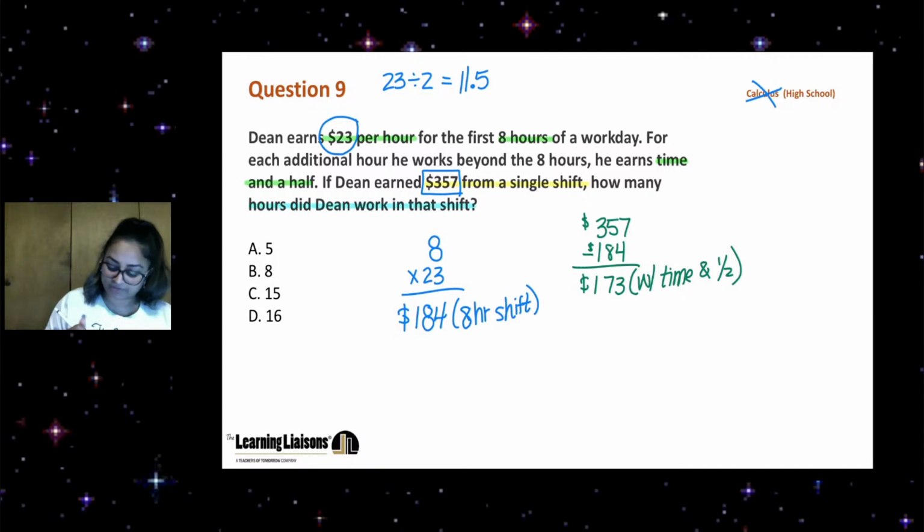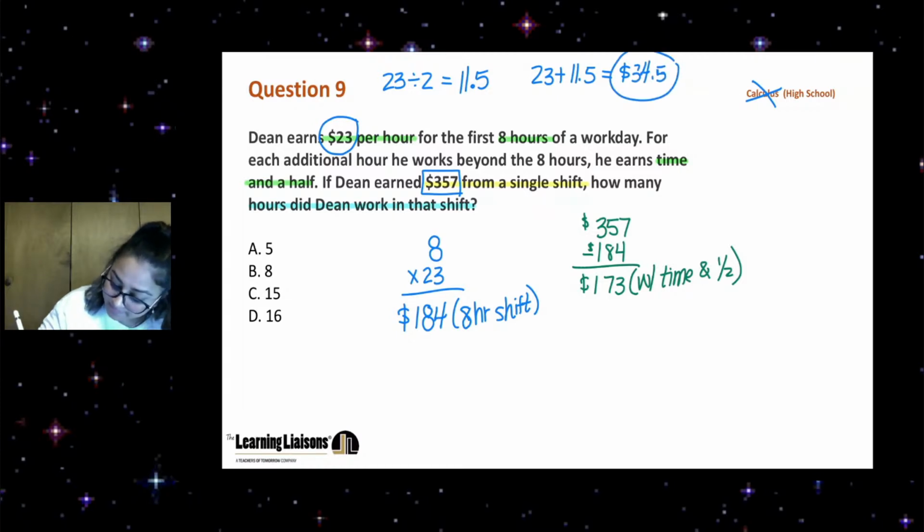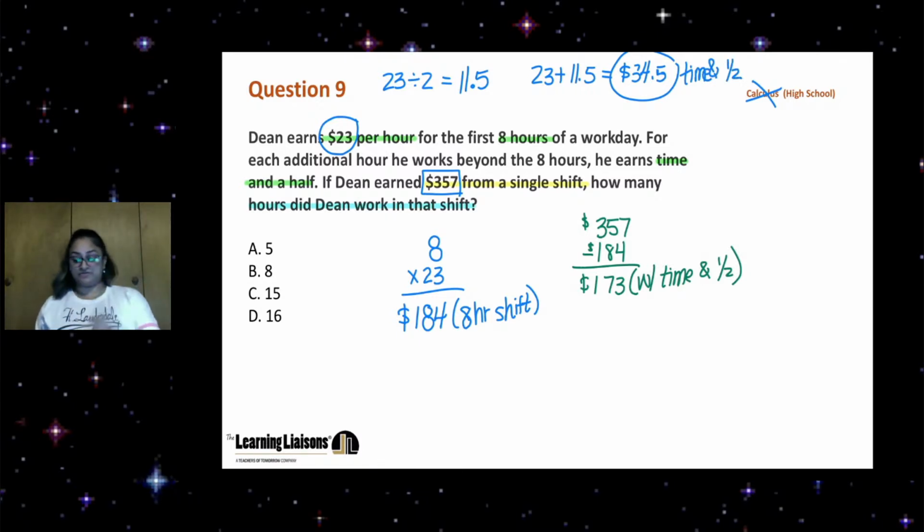Okay, so we have 11.5 that needs to be added, because that's the half part, to the time. So the time is 23. So 23 plus 11.5, so 1150. We will get 3450. That's his time and a half number. Time and a half. Okay, so if he gets 3450 for time and a half, thank you, I appreciate it.